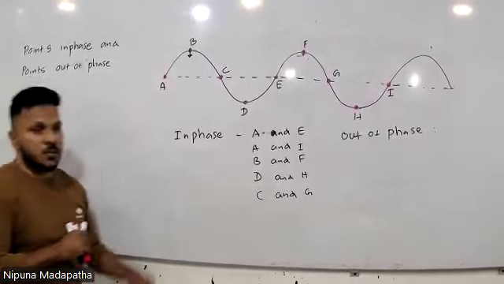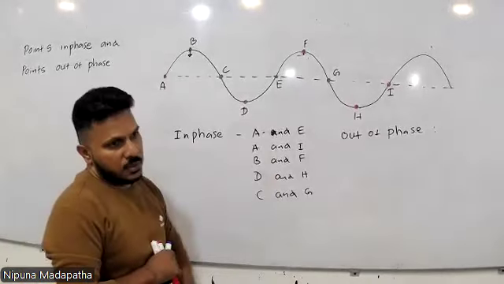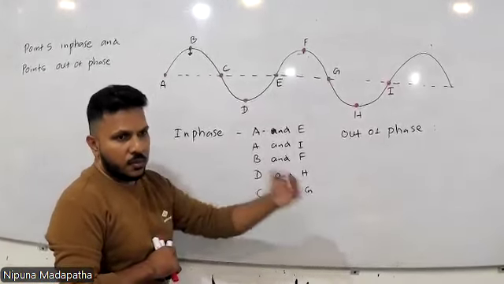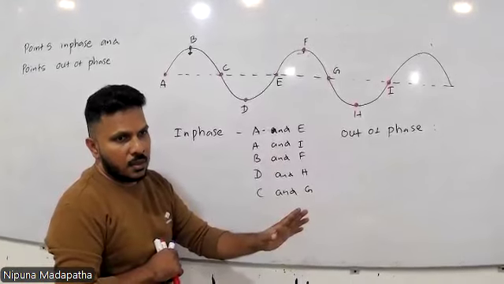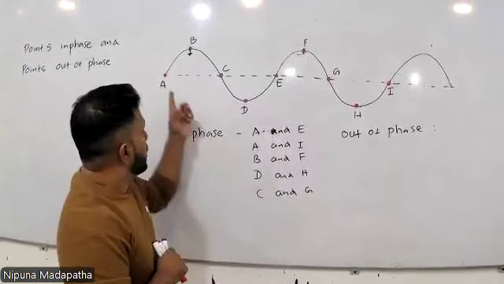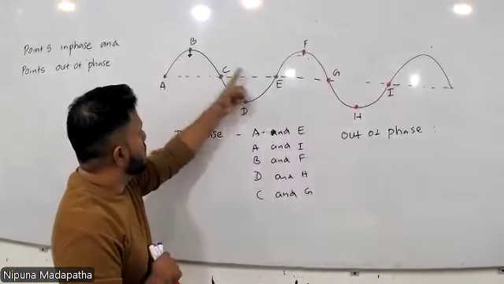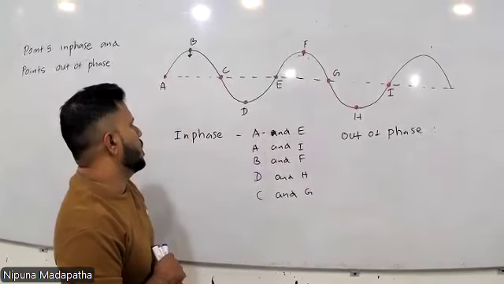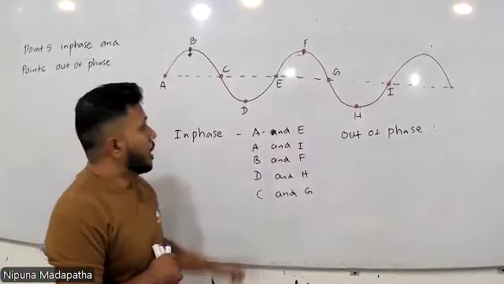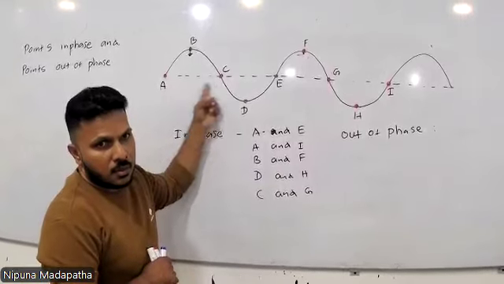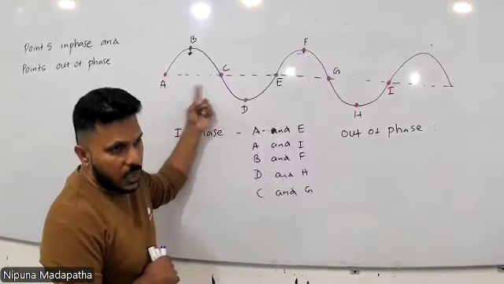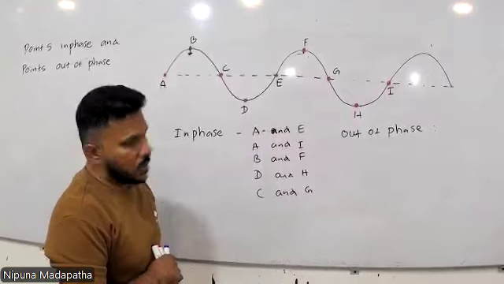The phase difference is pi. A and C are out of phase.